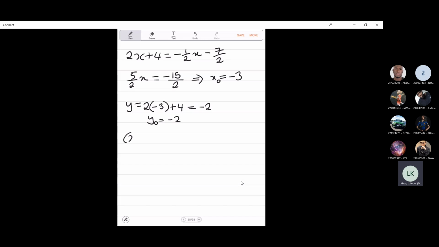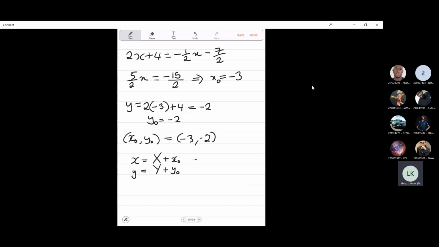So our x naught, y naught, the point of intersection, is (-3, -2). Okay, so now that we have that point of intersection, we make the substitution that small x is equal to capital X plus x naught, and small y is equal to capital Y plus y naught.